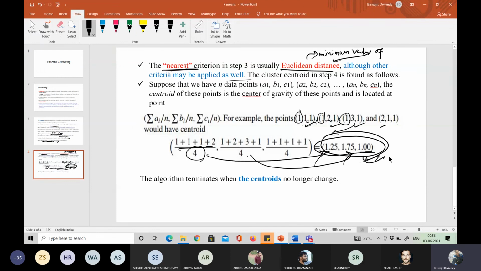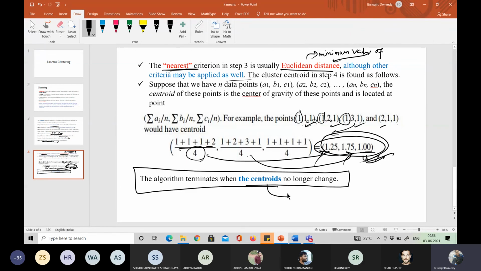These processes are going to be repeated until your clusters don't change. The algorithm terminates when the centroids no longer change. That means your cluster doesn't change. If your cluster is not changing, then your centroid will also not change. But before that, as I have told you, you can visualize or imagine that your algorithm is going to converge based upon the changes between the points.